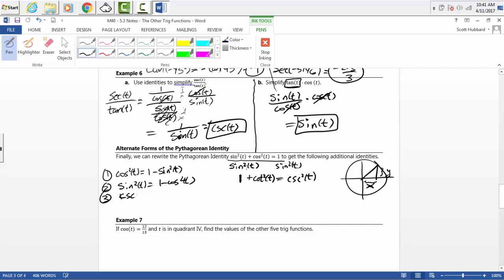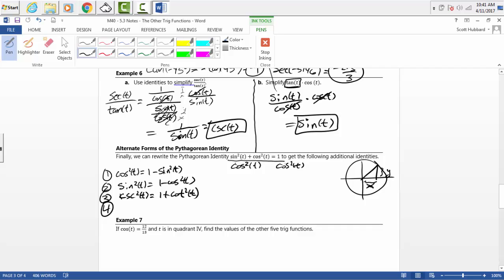Cosecant squared of t is equal to 1 plus cotangent squared of t. Okay? And so this one I divided by sine. Obviously the next thing I could do is, let's see what happens when I divide by cosine squared. If I divide by cosine squared of t on both sides, then what happens?